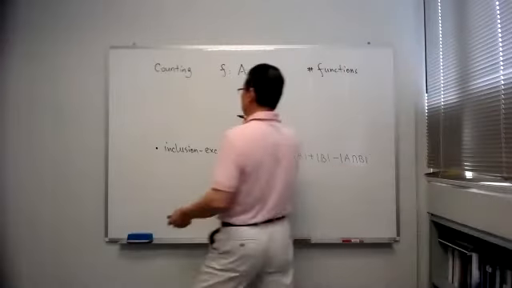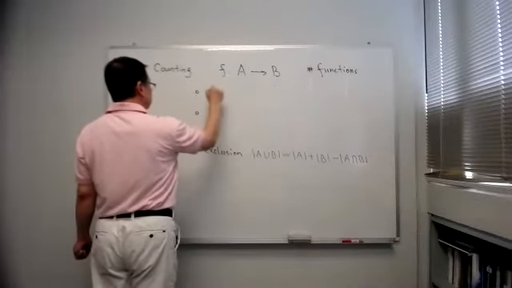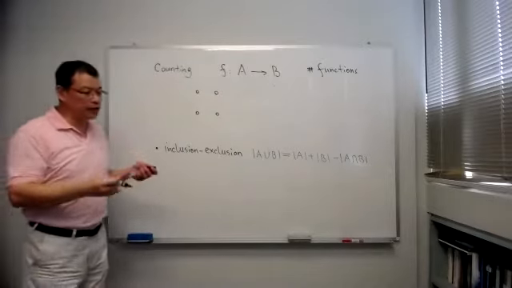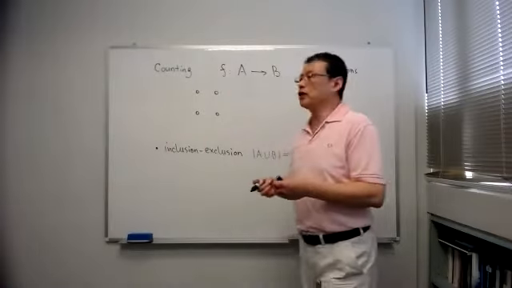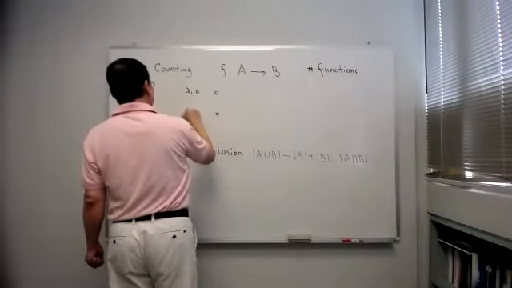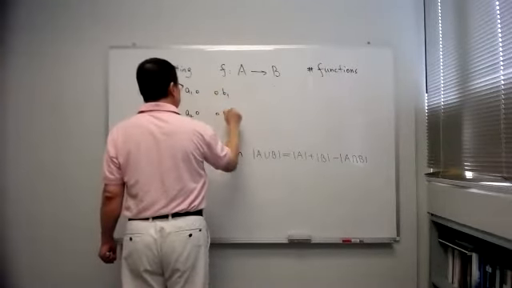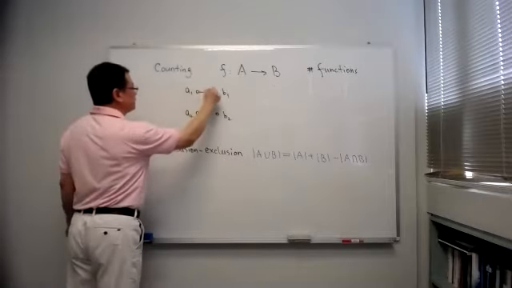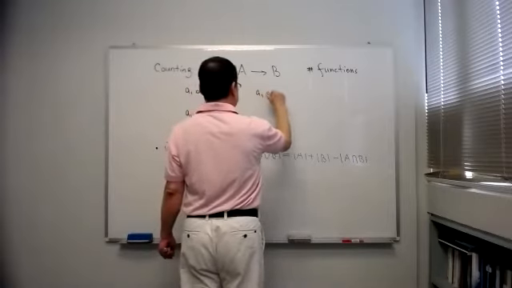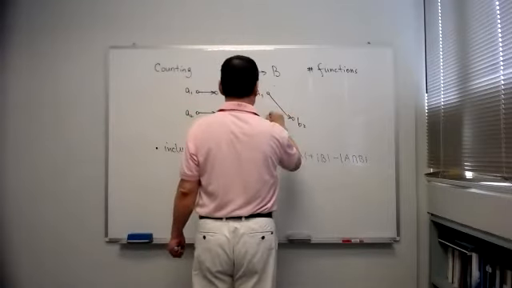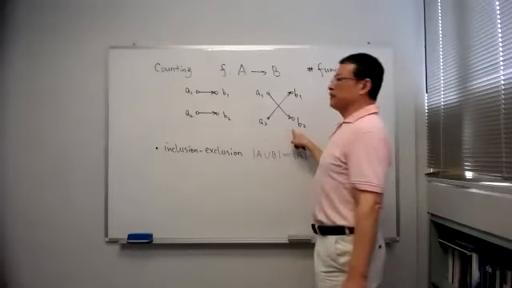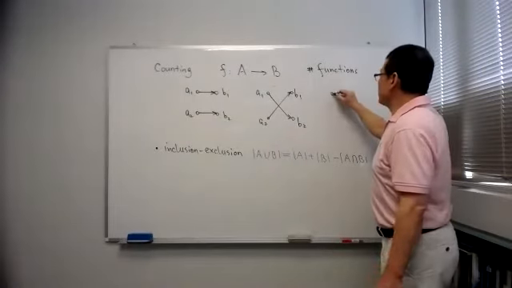So for example, if both A and B have two elements, I will give you a graphic representation of how a function looks. Let's write A1, A2, and B. So this gives us one function. This one is a different function. And I can also have this function.